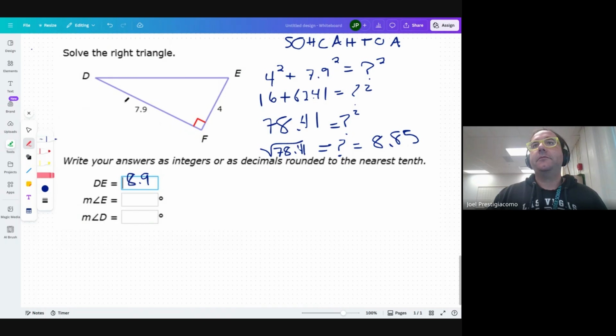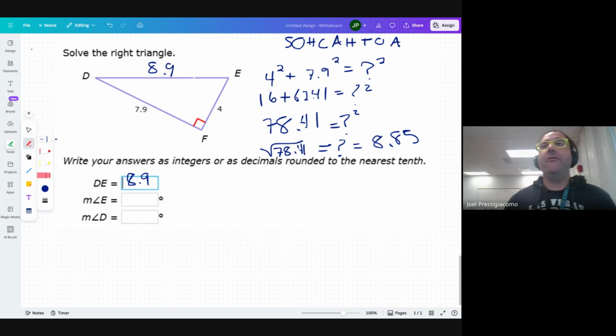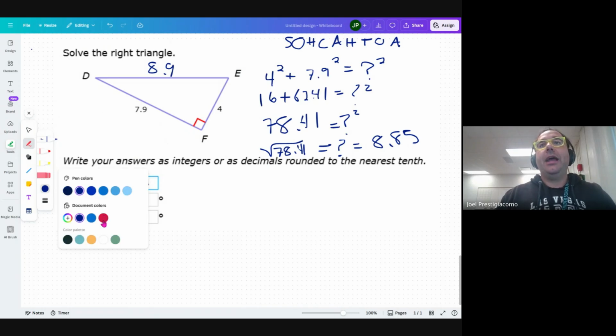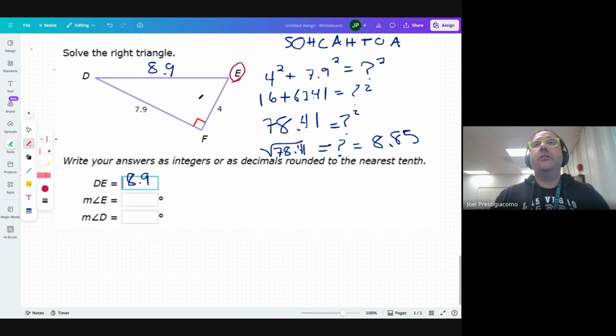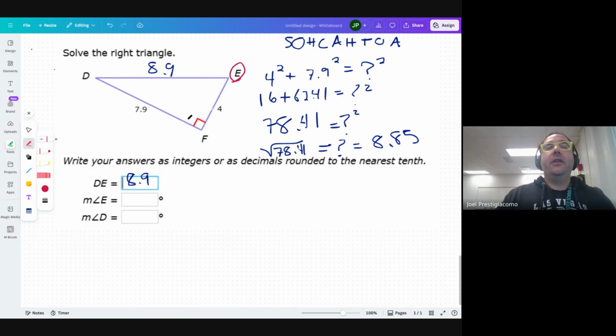Okay. Again, that's not exact. It's a rounded answer. The correct answer would be the square root of 78.41, but they're asking to be rounded to the tenth. So now we're going to move on and look at the missing angles. Angle E is the one they ask for first. Again, I'm going to use the answers they give us because they're not rounded, or the parts that are not rounded.